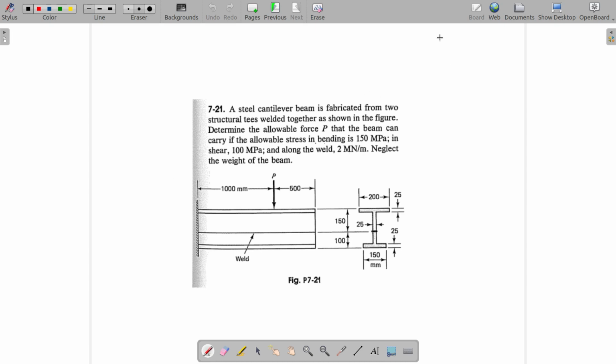So the maximum allowable bending stress is 150 MPa, maximum allowable shear stress is 100 MPa, and maximum allowable shear flow is 2 meganewton per meter.